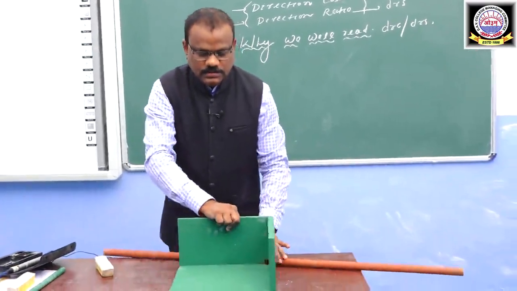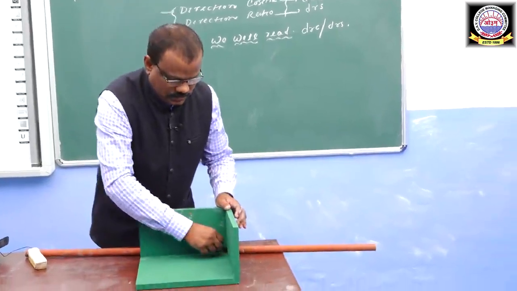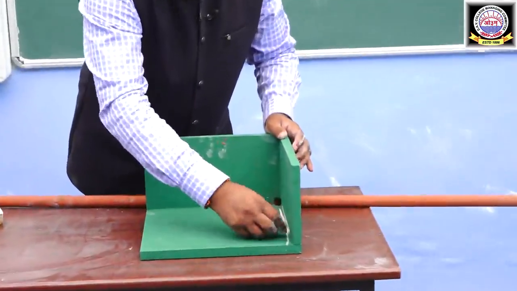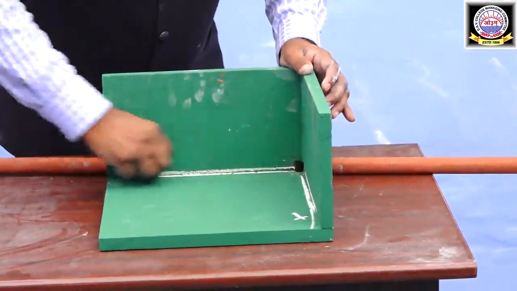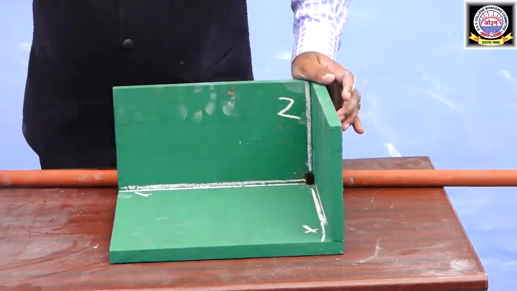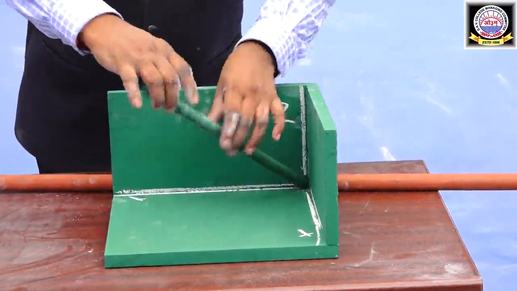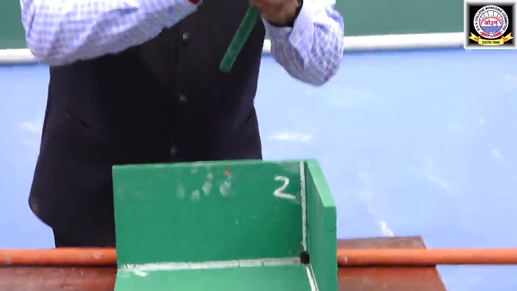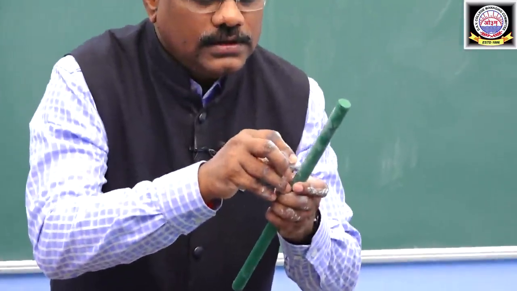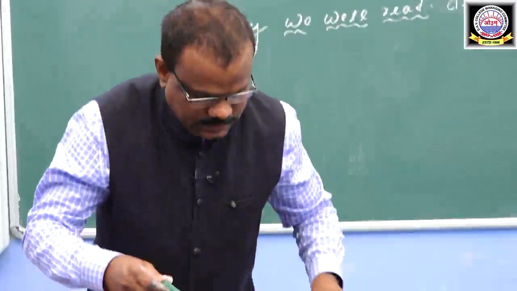Look here. I think you are able to see. Let this be your x-axis, y-axis, and this be your z-axis, and I am taking this line. Let the line be passing through the point. I am showing the point there.